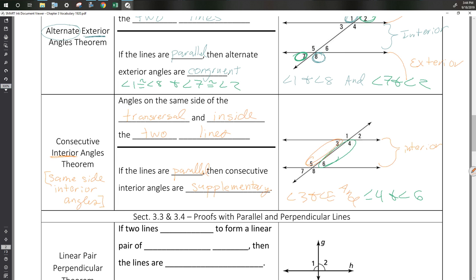So I would say that the measure of angle 3 plus the measure of angle 5 equals 180 degrees if the lines are parallel, or that the measure of angle 4 plus the measure of angle 6 equals 180 degrees if the lines are parallel.